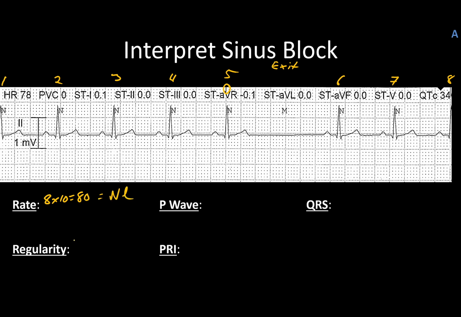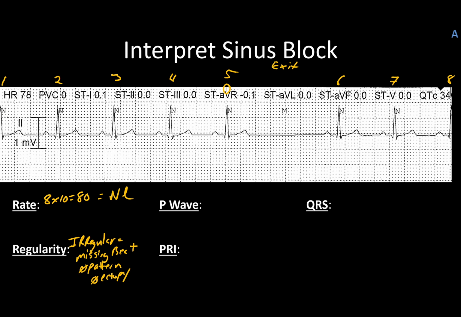Our regularity, well, we don't have that though. We are irregular. We have a missing beat, no pattern, and no real ectopy either. Other than the missing beat, this seems to be a perfectly regular heart rhythm.